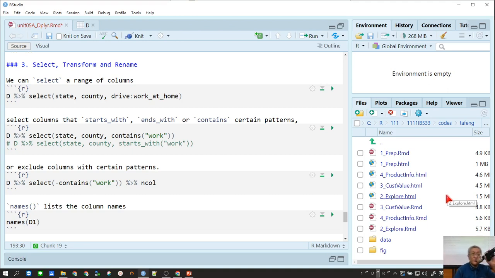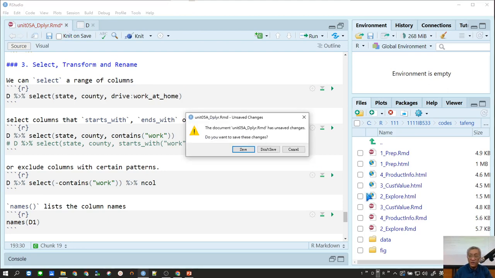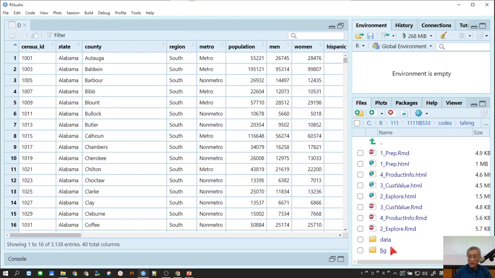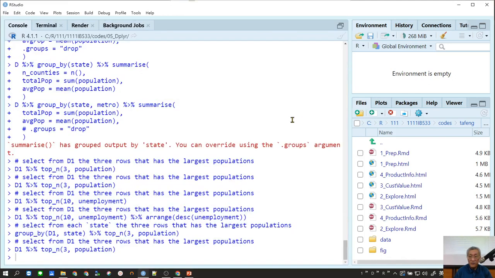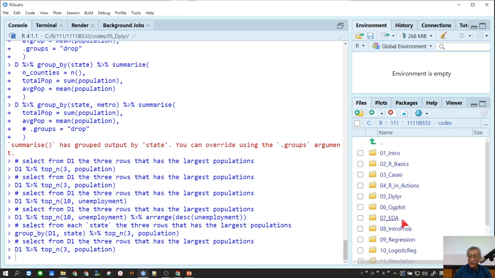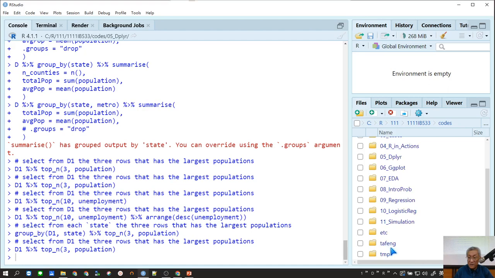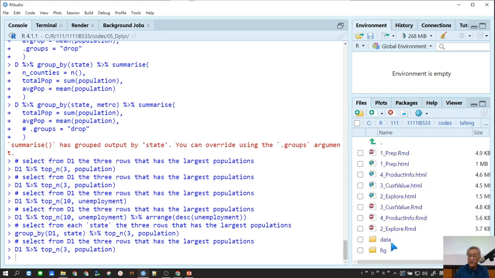The data and also the reference notebook are in the Tafang folder. Okay, Tafang is actually a retail store in Taipei City.